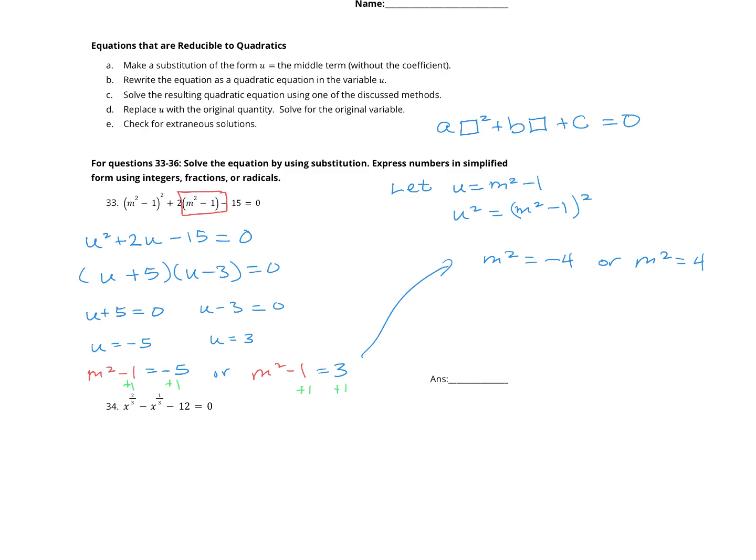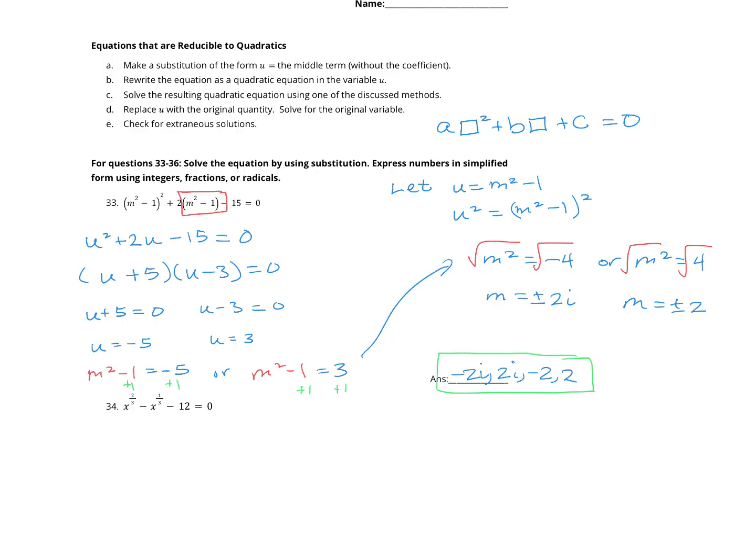And then I can square root both sides like we did earlier in the notes. And I get m for the first one is equal to plus or minus. The square root of 4 is 2. And the square root of negative 1 is i. For the other, square rooting both sides, I just get plus or minus 2. So my solutions are negative 2i, 2i, negative 2, and 2. 4 solutions for that equation.